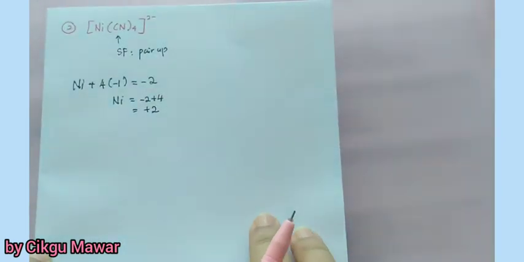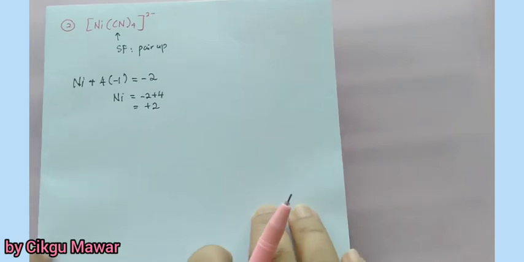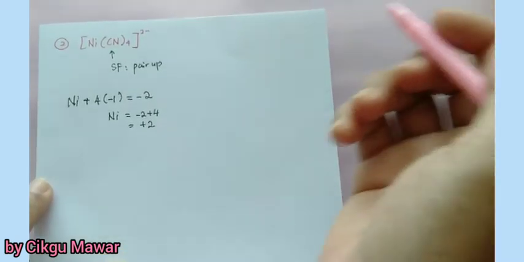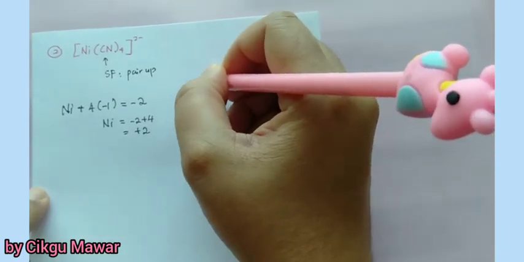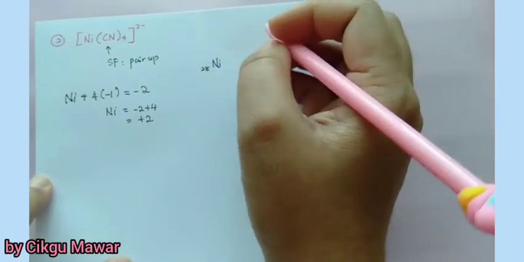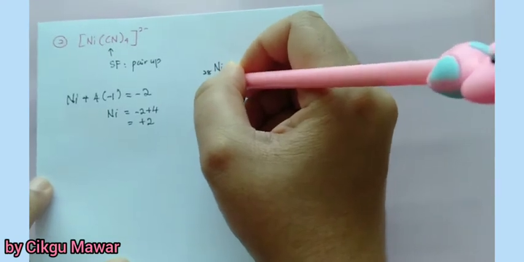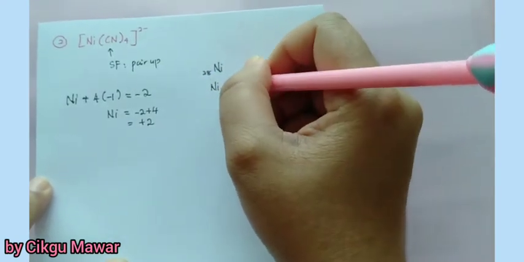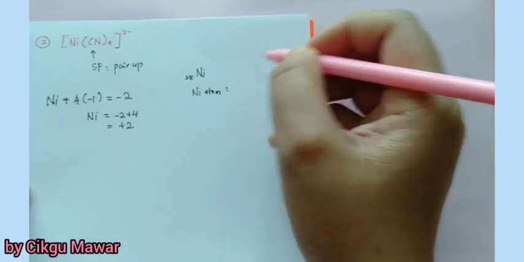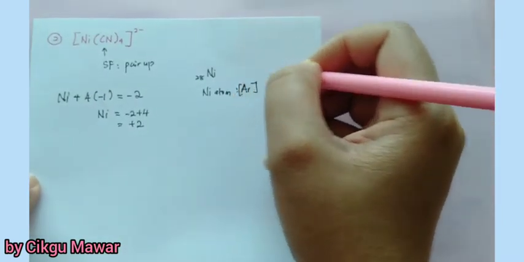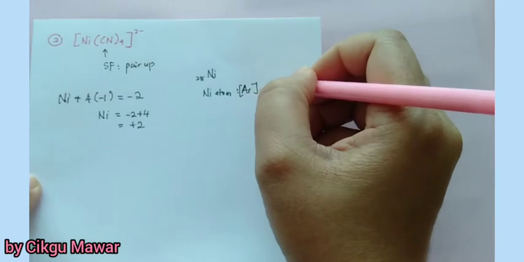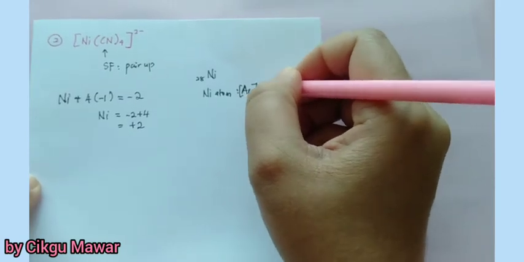So the oxidation state of nickel is positive 2. The proton number of nickel is 28. So let's write down the nickel atom's electronic configuration: argon 4s2 3d8.